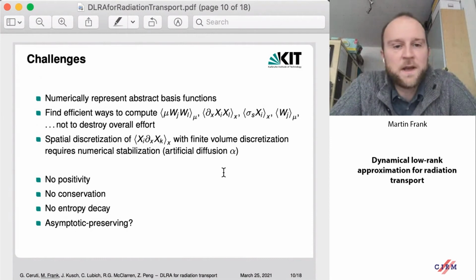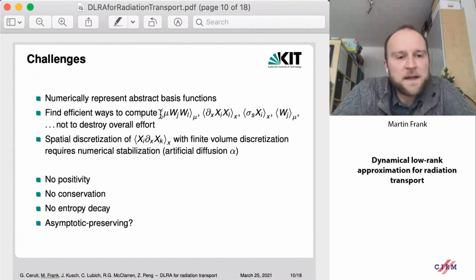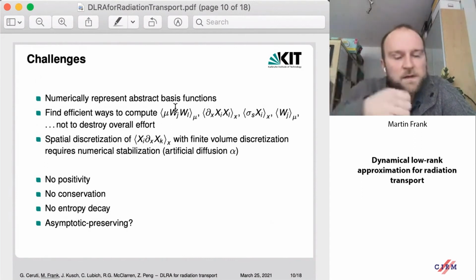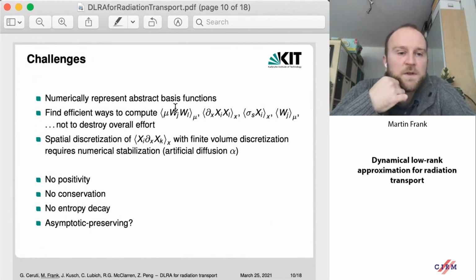I might use a Galerkin, I might use a collocation, something like this. And the thing that I need to do is find efficient ways to compute these averages. That's a tricky thing in order not to destroy the overall effort, but using quadrature rules, you can actually do this.